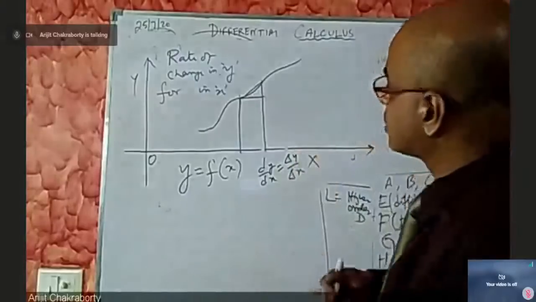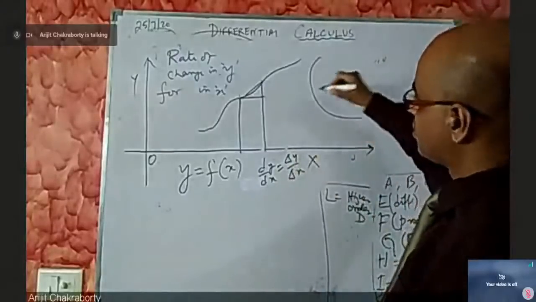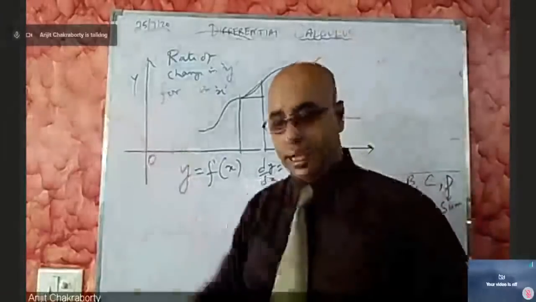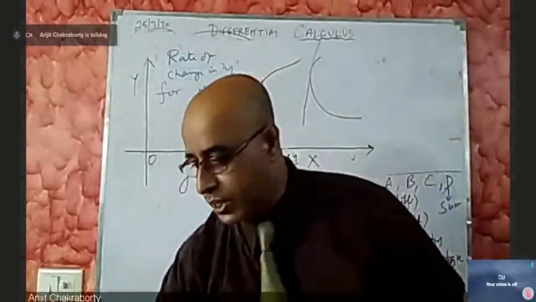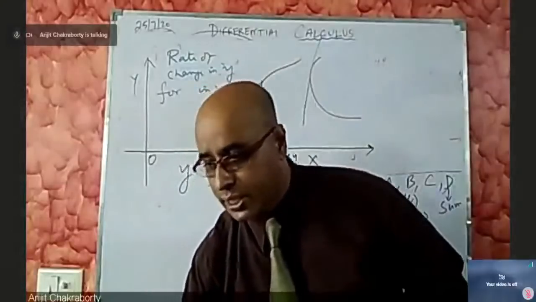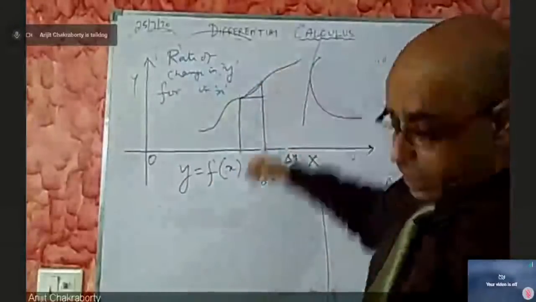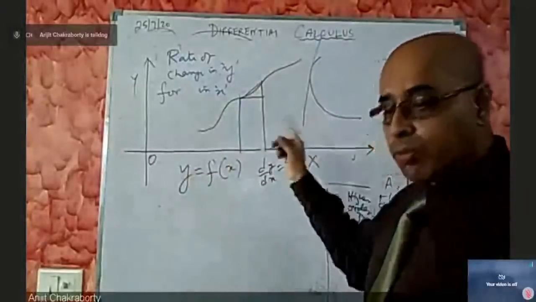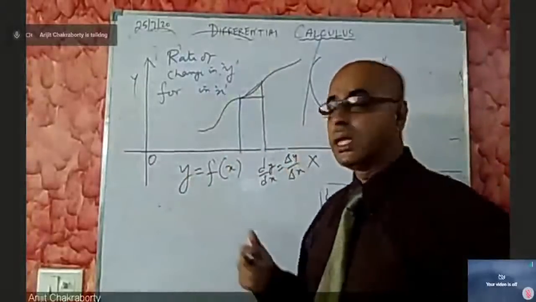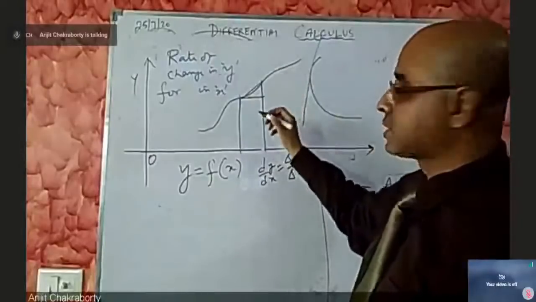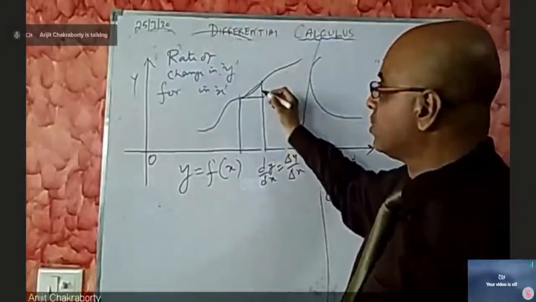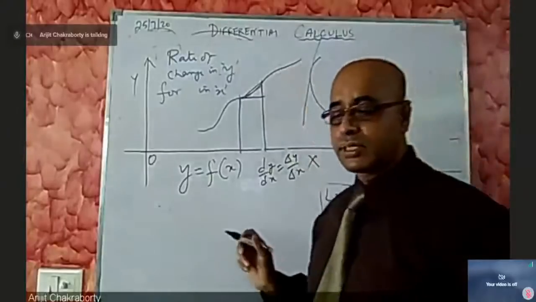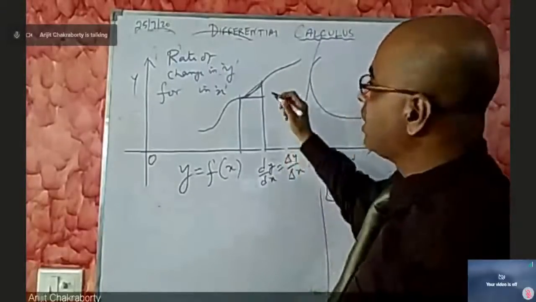I'm sure you know the tangent. In a circle, for example, the tangent is like this, right? So the geometrical definition of the derivative is that the slope of the curve is basically given by the tangent. Tangent, you know, is this line which is going, and tangent is basically given by a formula.